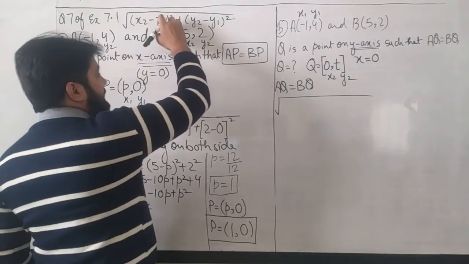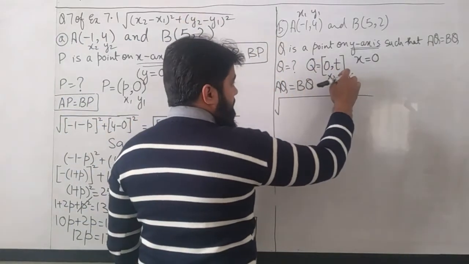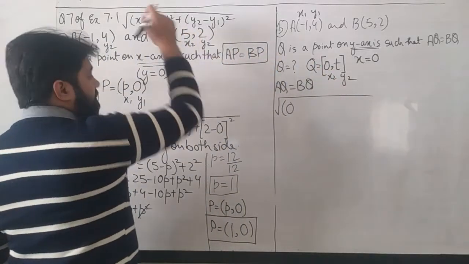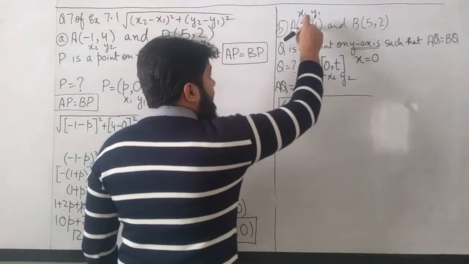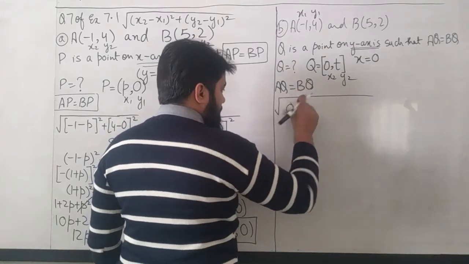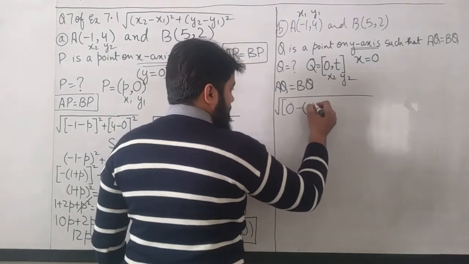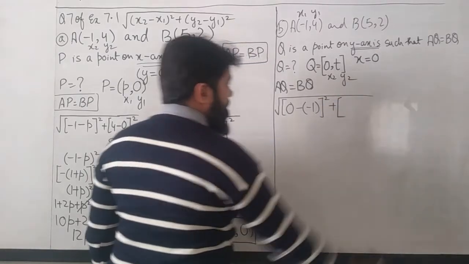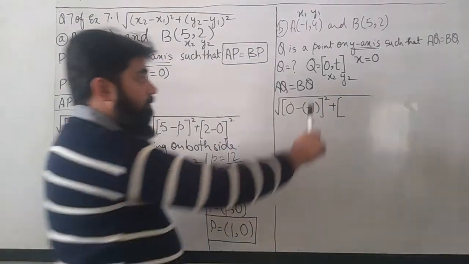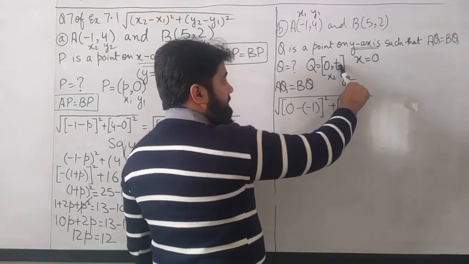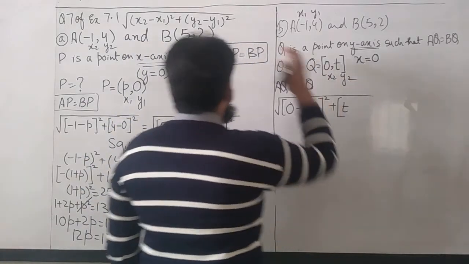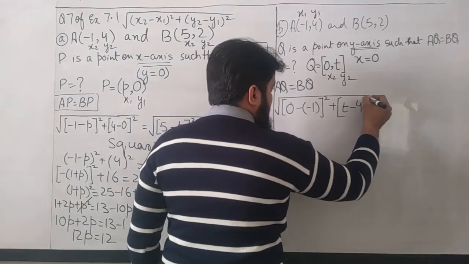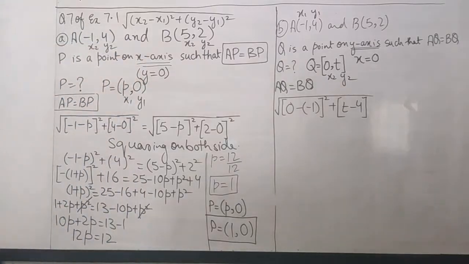The formula says x2 minus x1. x2 is 0, minus sign of the formula, then x1 is minus 1, whole square, plus y2 is t, minus sign of the formula, y1, that is 4, whole square.